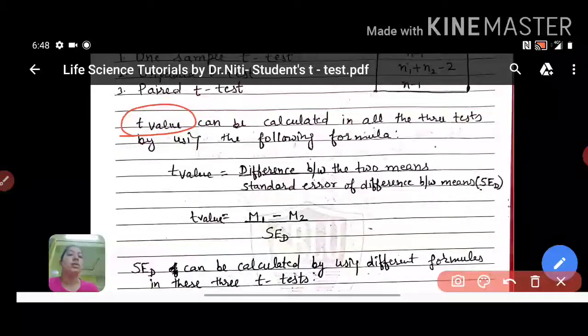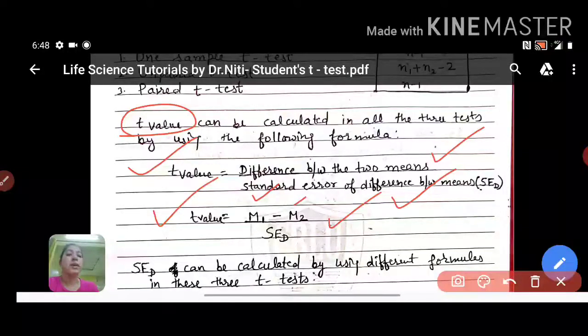That t value can be calculated by using a formula: the difference between the two means divided by the standard error of difference between means. In this way you can determine the t value. In the case of one sample t-test, there will be one sample and one population mean. So here you can write sample mean minus population mean divided by standard error of difference between means.